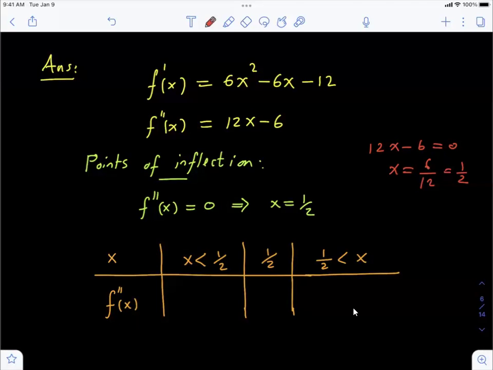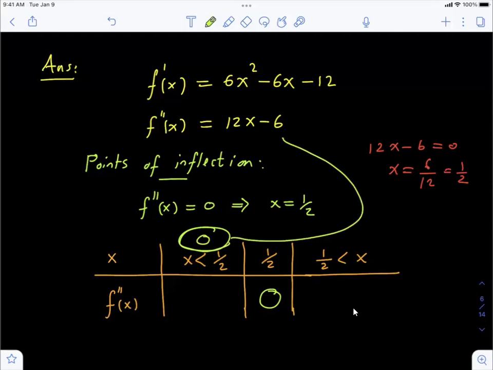And when you do that, what we are going to do in the next step is, now the second derivative, we know at 1/2, the second derivative becomes just 0. Let's use a different color because we are analyzing the second derivative. This is 0. And then let's check the behavior on the left side. So in other words, I'm going to get a candidate value in this interval, x less than 1/2. I will pick 0 simply.